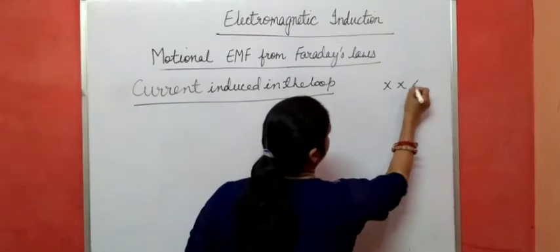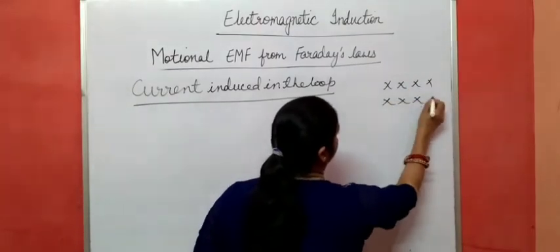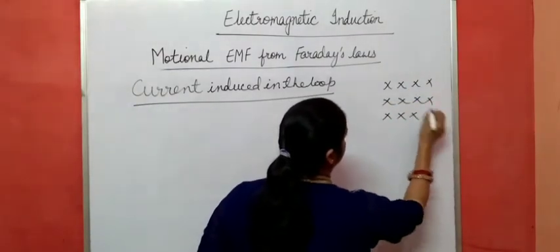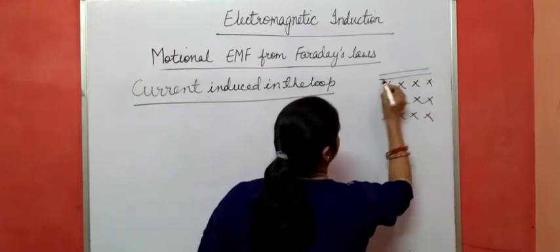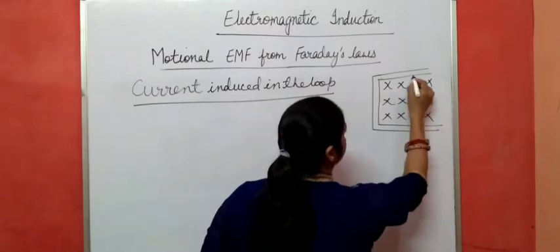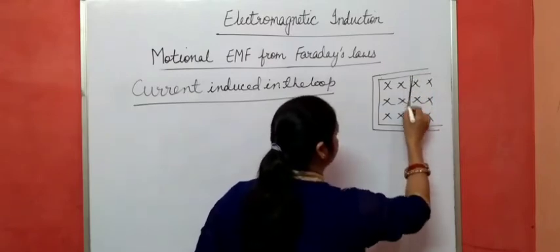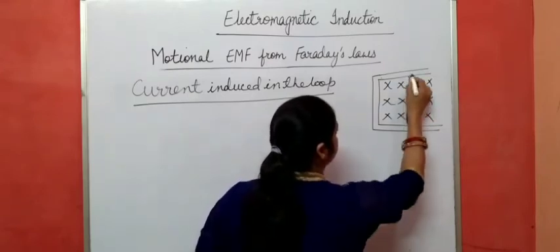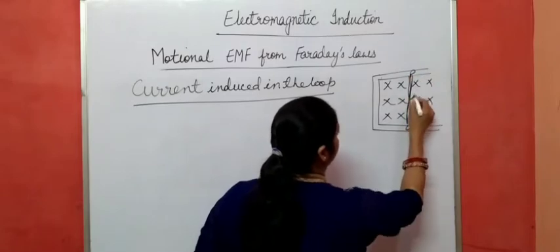This is the figure for that. Inward magnetic field. These are U-shaped conducting rails, right? And this is the length of the conductor, L. This conductor PQ has length L.